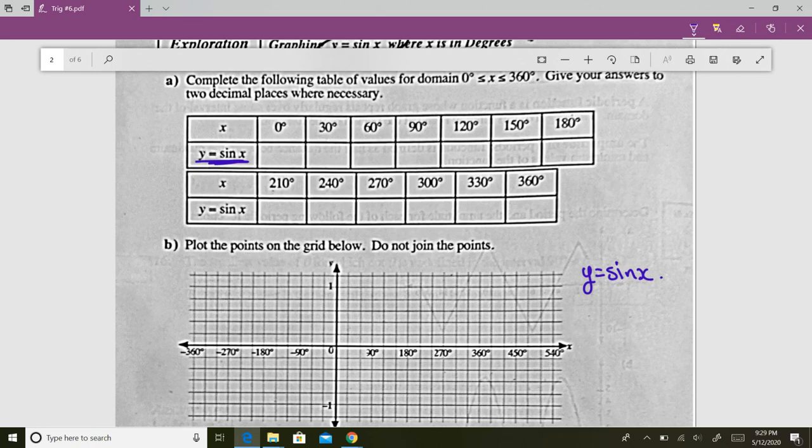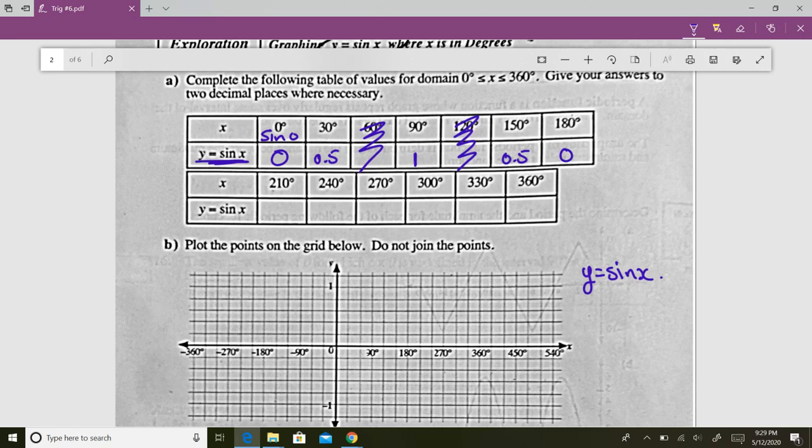If you go sine of 0, you should get 0. Now, sine of 30, you get 0.5. Sine of 60, we're not doing. Sine of 90, you should get 1. Not doing 120. If you do sine of 150, you should get 0.5. And if you do sine of 180, you should get 0.